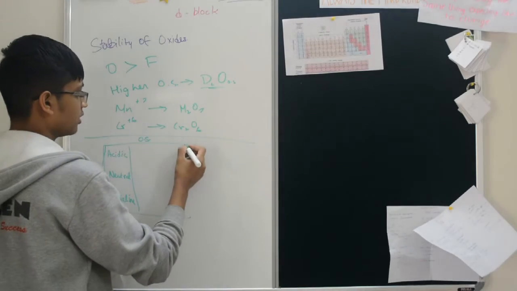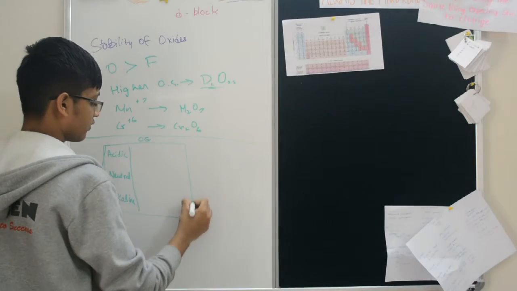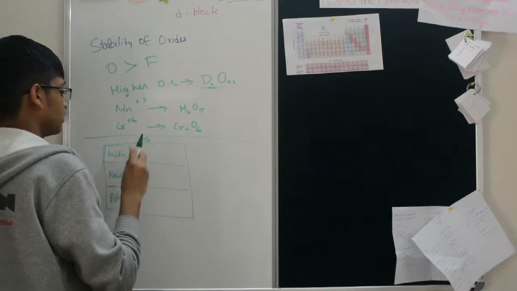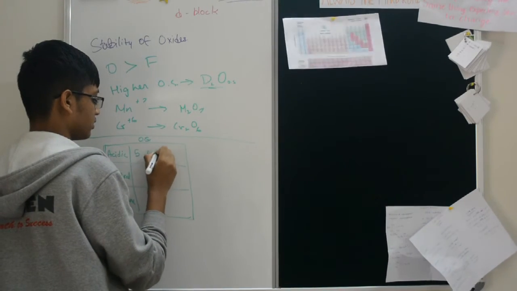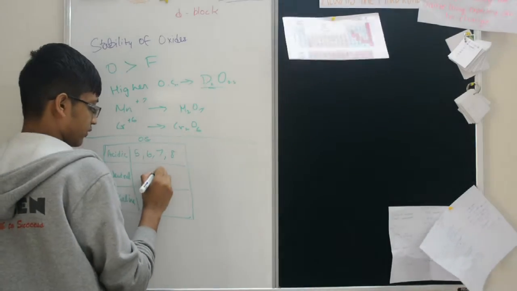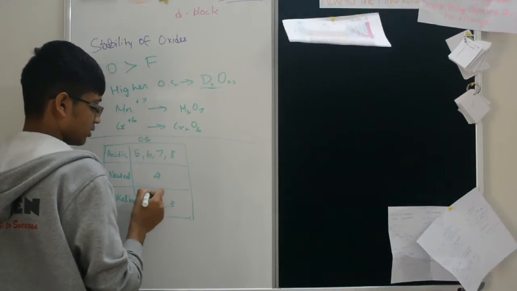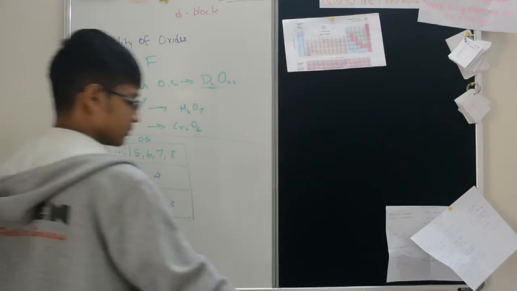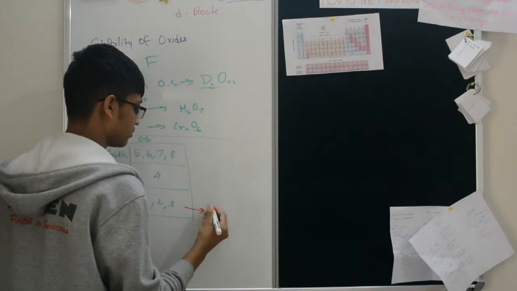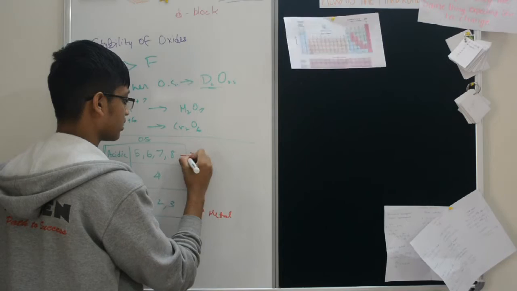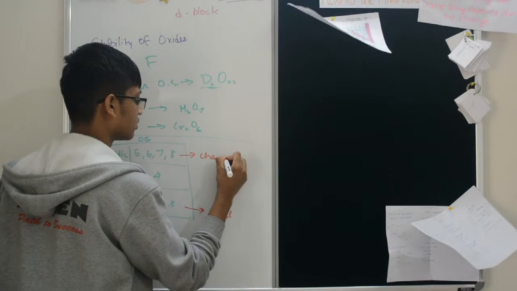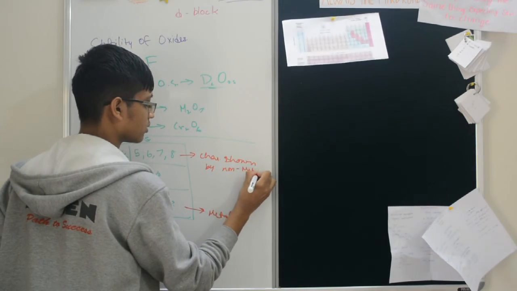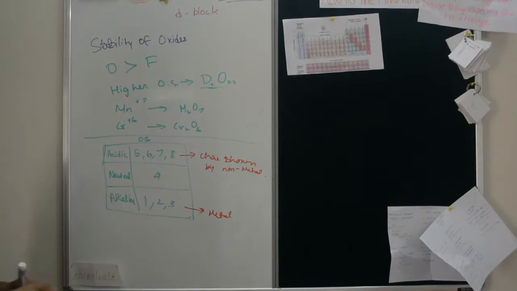So if you find the oxidation number, if it is 5, 6, 7, 8, it is acidic. If it is 4, it's neutral. If it's 1, 2, 3, it's alkaline or basic. Okay? You can easily remember this as being of course metal character, and this character shown by non-metal. Okay? You can easily remember it like that.